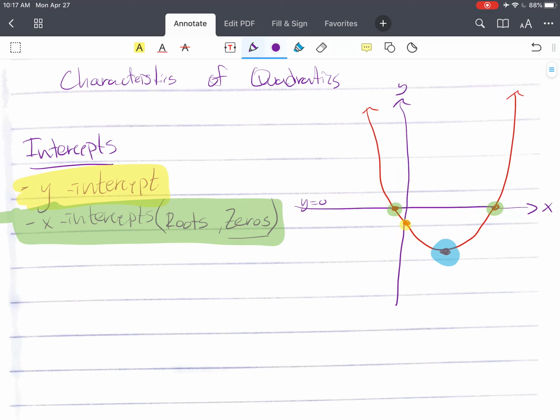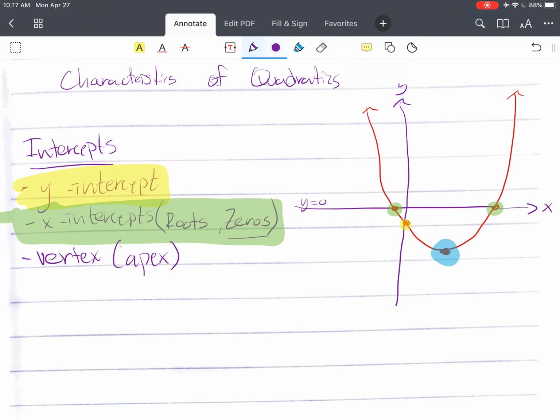I'm going to use blue for the vertex. This is called the vertex. Some people also call it the apex.